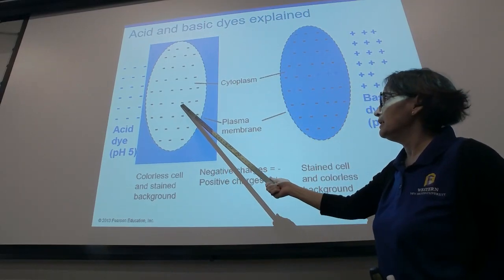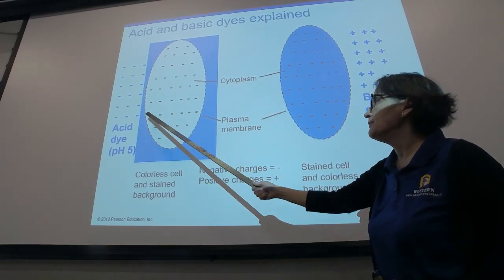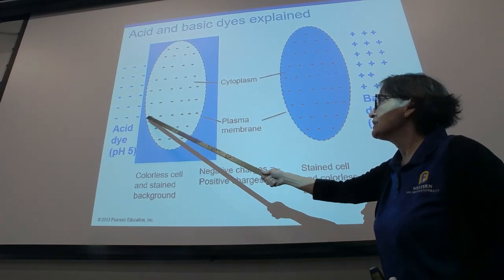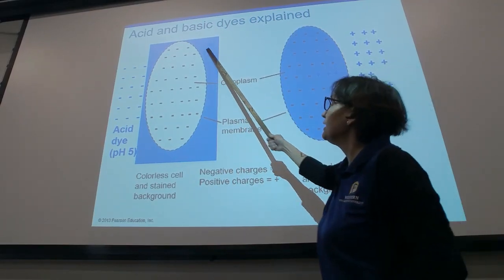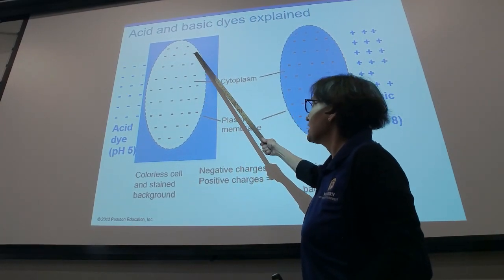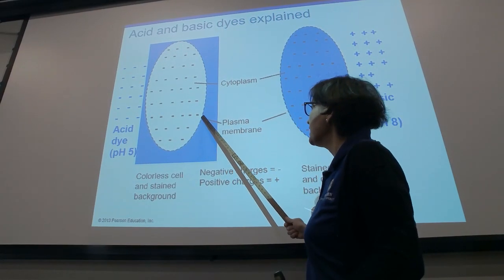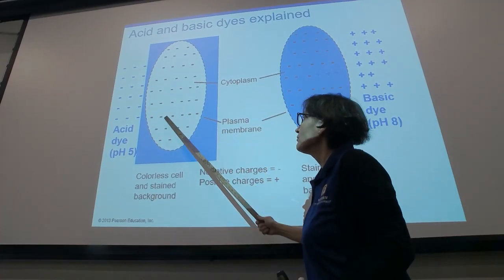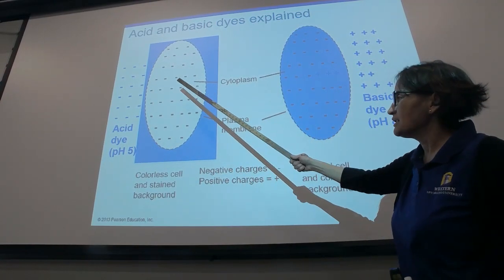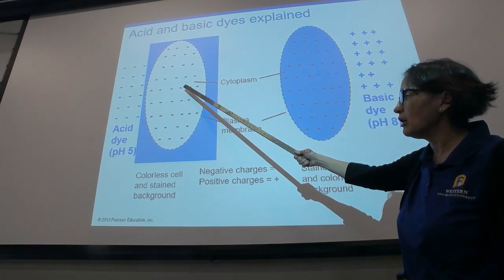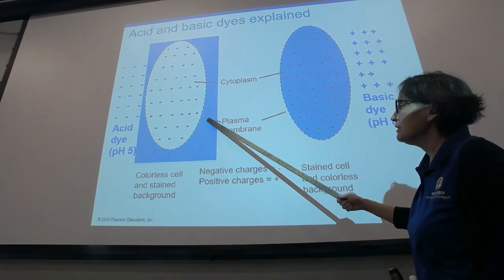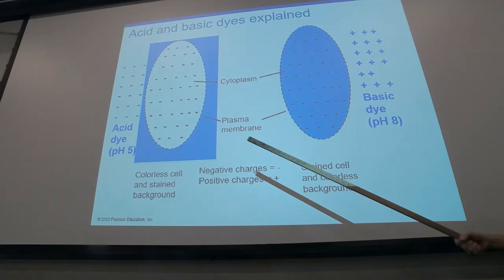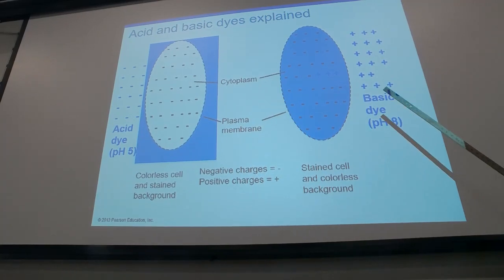Since the cells are typically negatively charged, if you put an acidic dye, it will stay surrounding the cell. In this case, the dashed lines represent the plasma membrane, and this represents the cytoplasm. So the cell will be colorless, and you stain the background with the color of your dye.